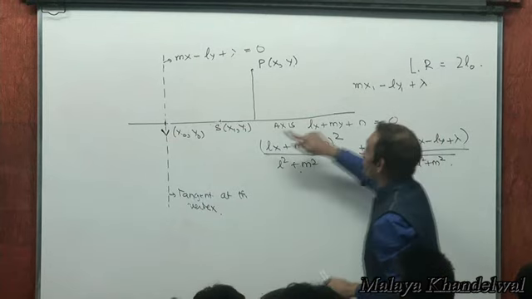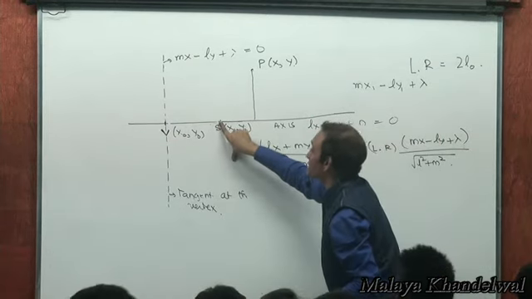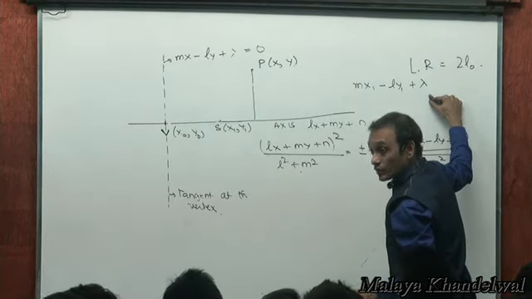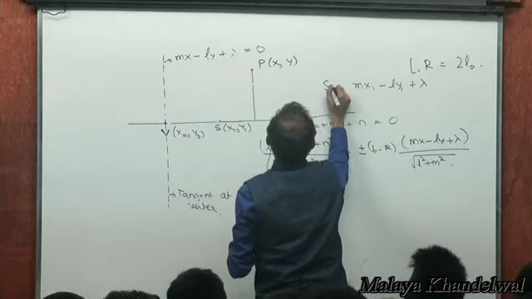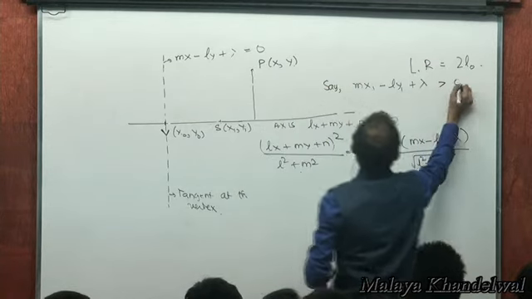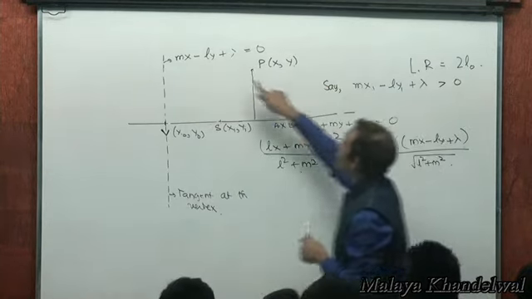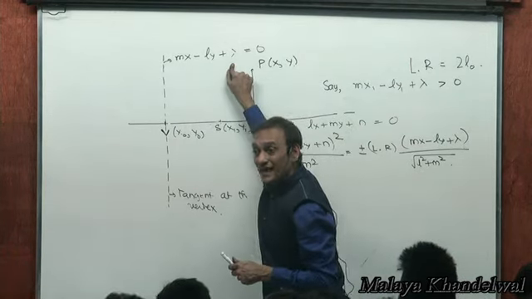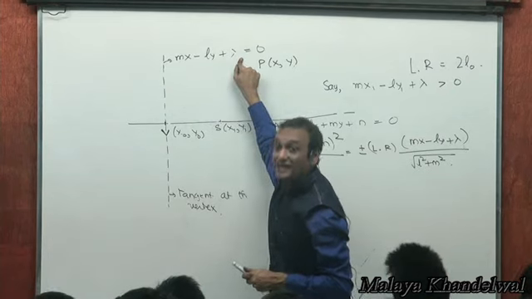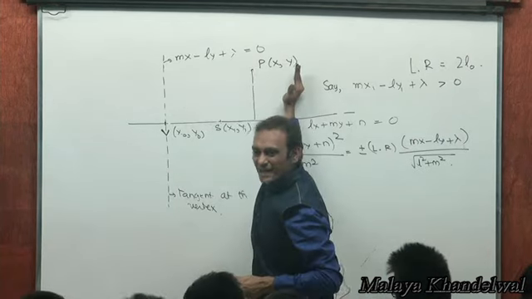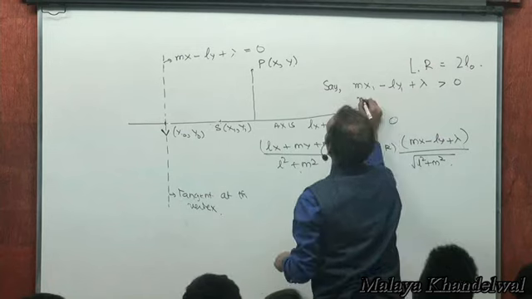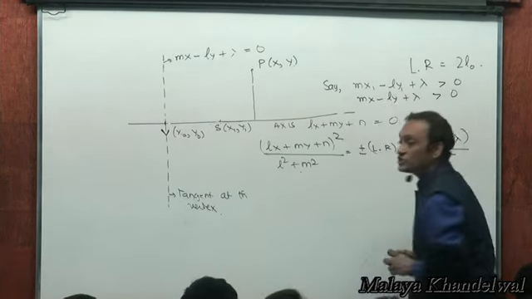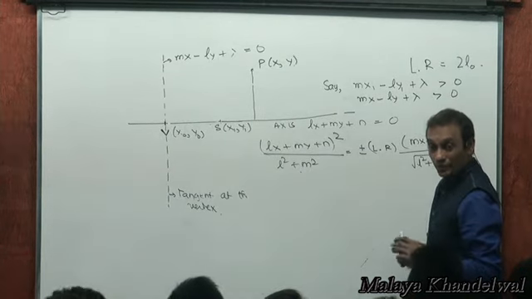Say it is greater than 0, then this (x, y) will also produce a positive sign. Why? Because they lie on the same side. That means mx minus ly plus lambda must also be greater than 0 for any (x, y) on the parabola, right?